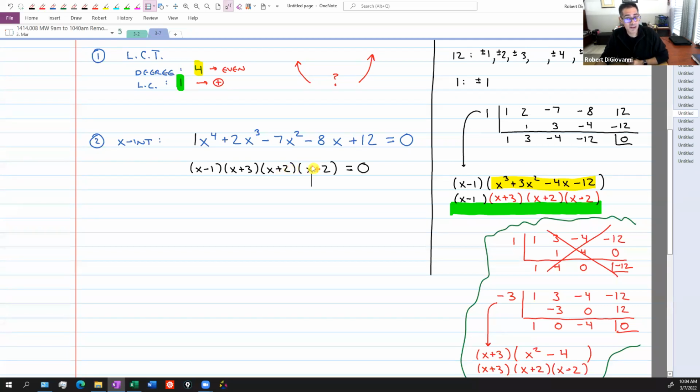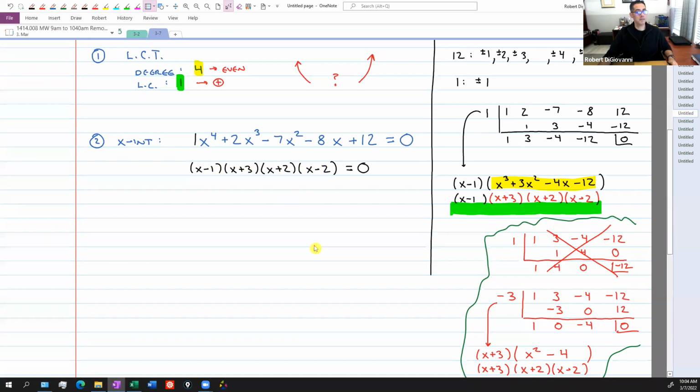If these were both x plus 2s, then I would put x plus 2 squared instead of x plus 2 times x plus 2. And the reason I would need that is for the multiplicity. This would help me with the whole idea of bouncing and crossing. But because they're different, I'm not going to worry about that. But I did check real quick to make sure I didn't have any of these things repeated.